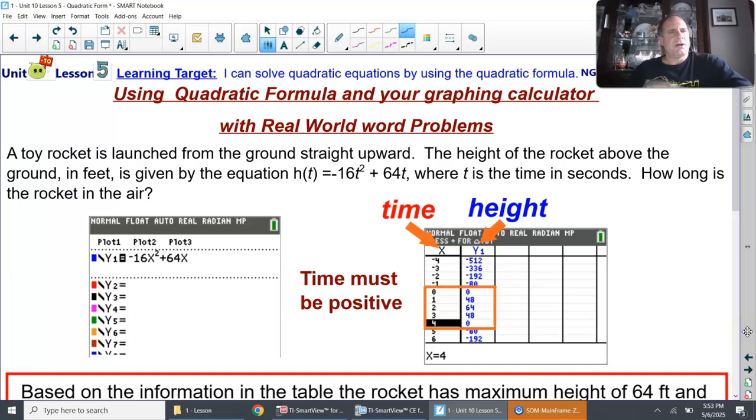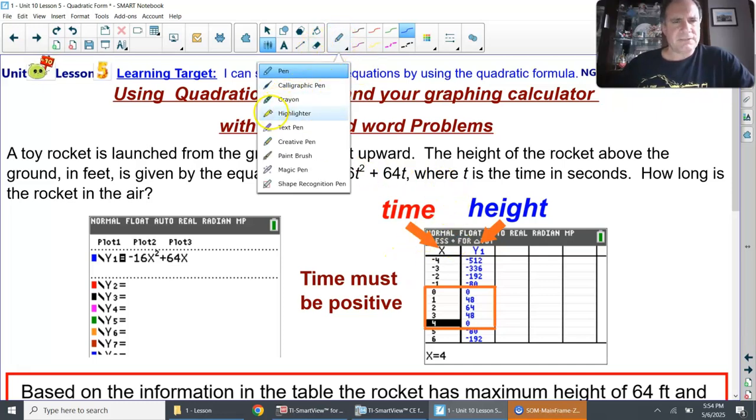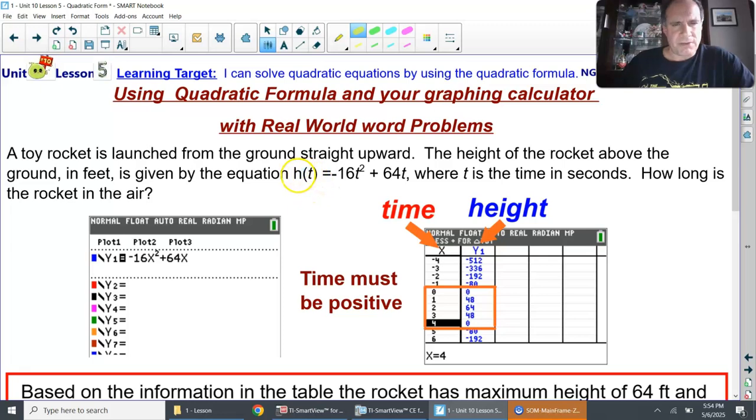All right, so using the quadratic formula and your graphing calculator with real-world problems, you're basically going to be asked for where you're given this equation, and it's going to be like a rocket or a ball that's thrown. The height of the rocket above the ground is given by this equation, where t is the time in seconds.